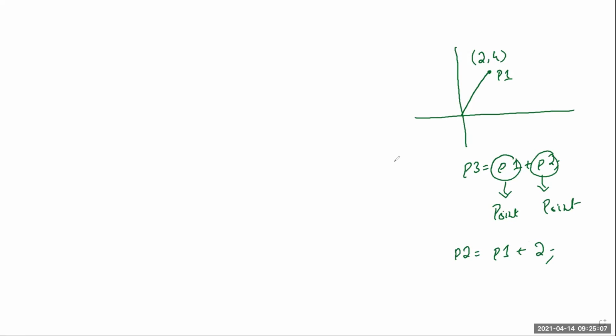For example, when I add 2 to a point, I expect 2 is added to both x and y, and I get a new point which is p2, and which should be 4, 6. Okay, so this is the new point which I should get. Now you see, it is the same logic, but a slightly different scenario, where one of the data types is an object and the other is a different data type.